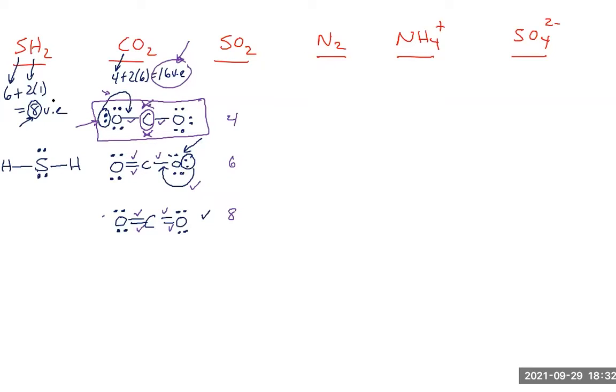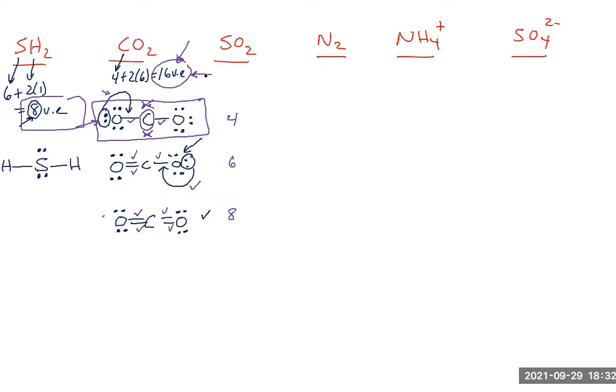So remember, this number is almost the most important thing when you're drawing these pictures, the number where you calculate how many electrons you should have, because that is exactly how many electrons your picture should have. You shouldn't have any more or any less.